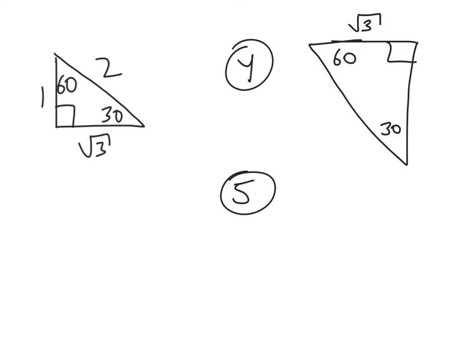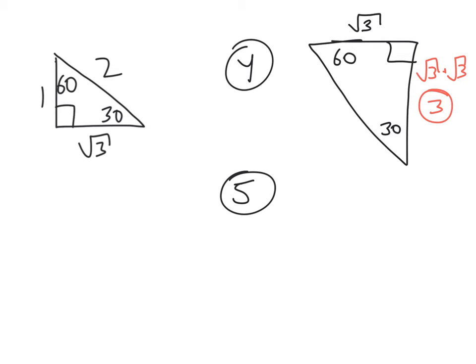It's always easiest to find the length of the side opposite the 30, but we just got to realize when I find the side opposite the 60, I got to multiply the square root of 3 times the square root of 3, which will just be the square root of 9, or in other words, just 3.